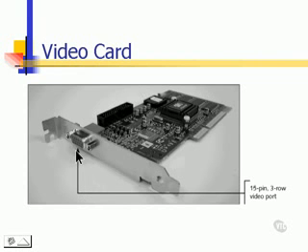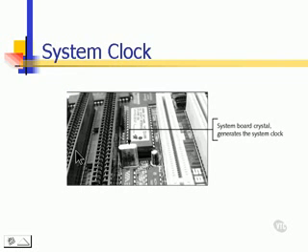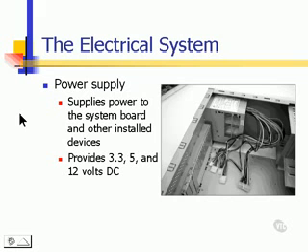Now, the component that keeps the heartbeat of the computer is the system clock, which is actually a crystal that oscillates, keeping the heartbeat and the timing of all of the components in the computer. The electrical system, powered by the power supply, supplies electricity in 3.3, 5, and 12 volts DC.